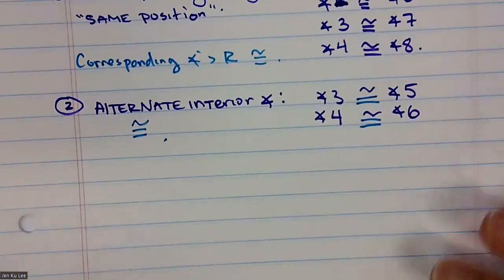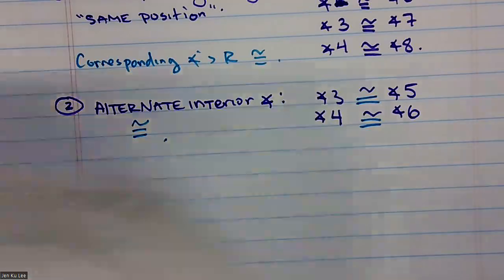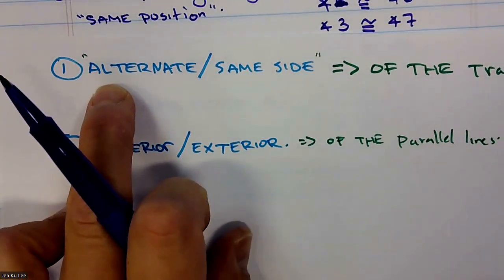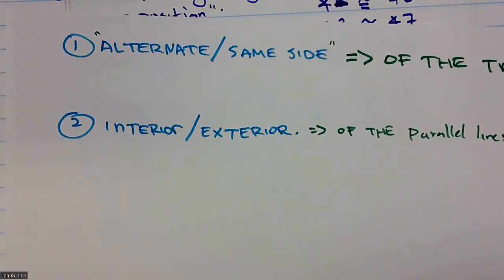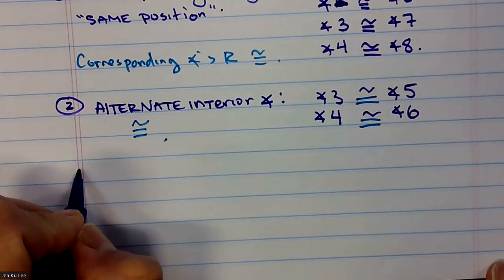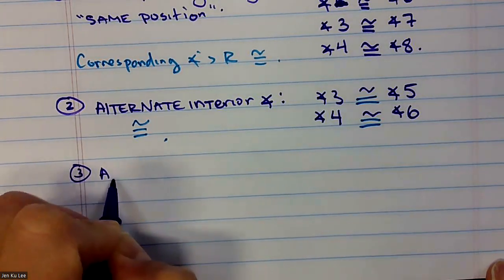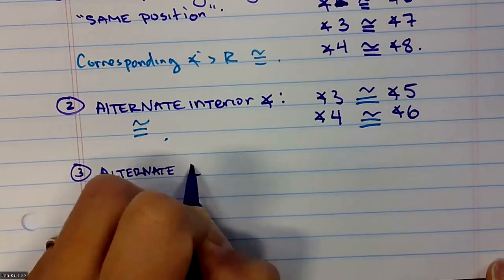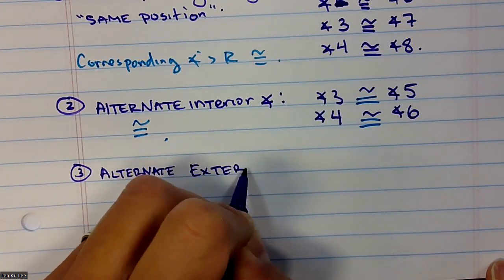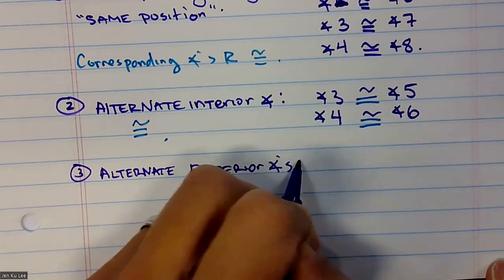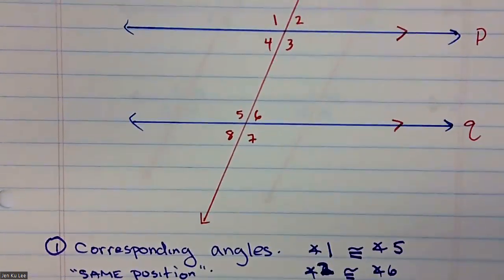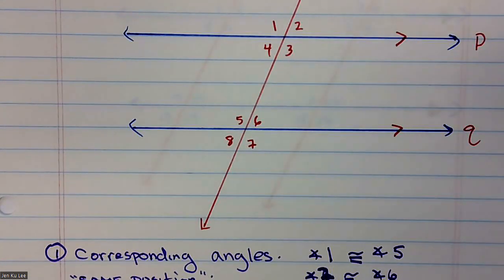So picking another set of words here, I'm gonna just finish out alternate exterior angles. Okay, so alternating sides of the transversal, exterior angles. What are alternate exterior angles then? Angles 1 and 7.